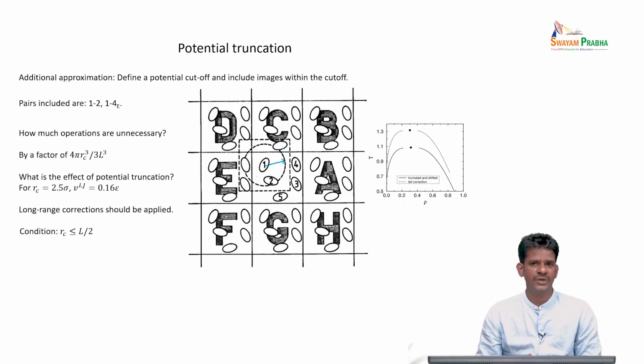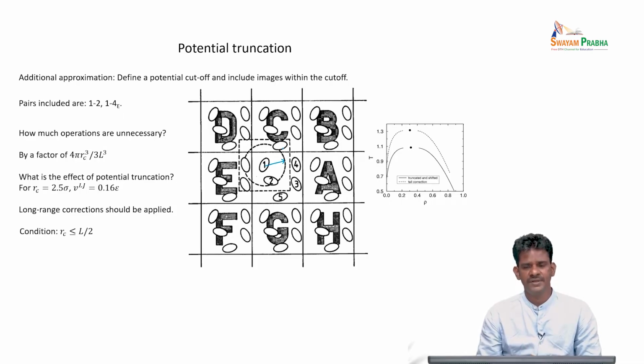The reason for doing that is that beyond a cutoff the potential energy is not very significant, and we don't want to waste computational time searching for pairs which do not contribute to the potential energy. This improves our computational speed, and we can analyze a larger system with limited computing power.